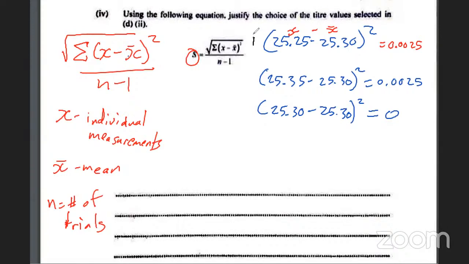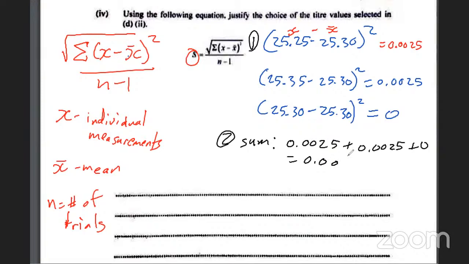All right, so step 1, work out x minus x bar for all of the data points. Then you are going to work out the sum. So 0.0025 plus 0.0025. Remember, we already squared it, plus 0.005. N is the amount of trials.